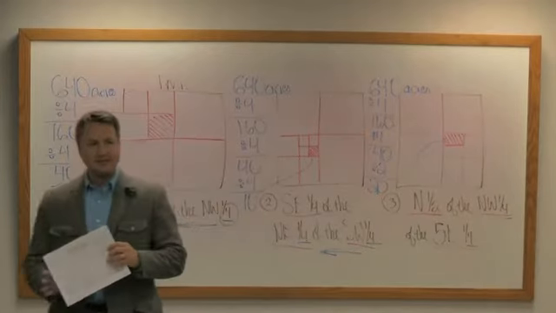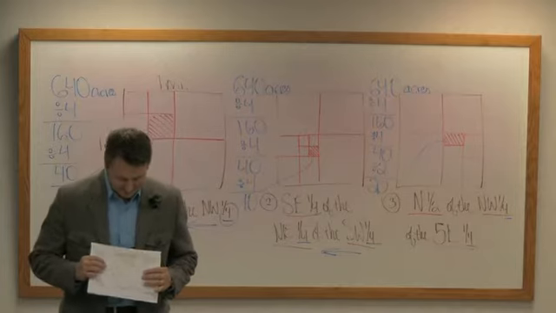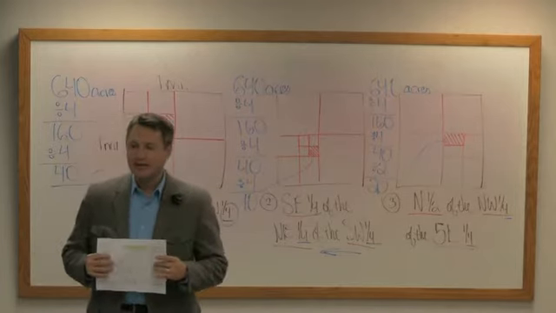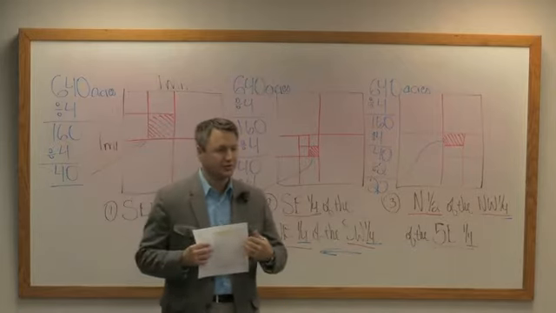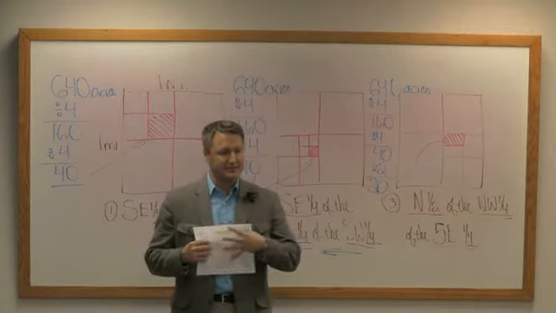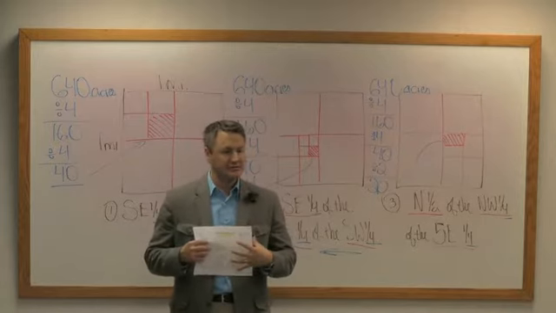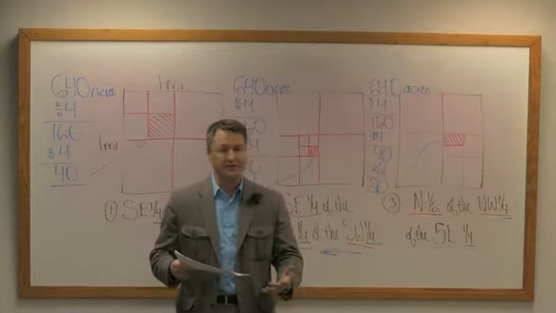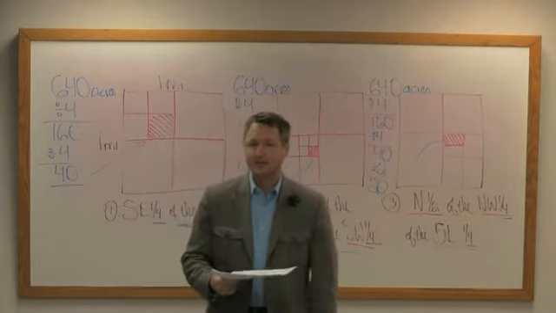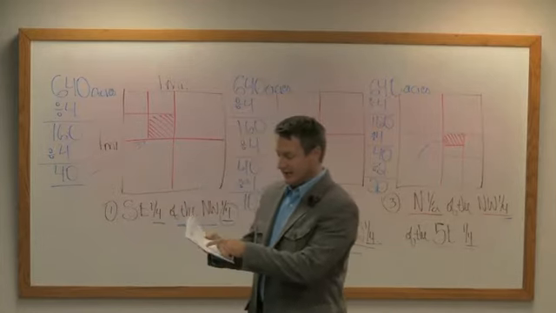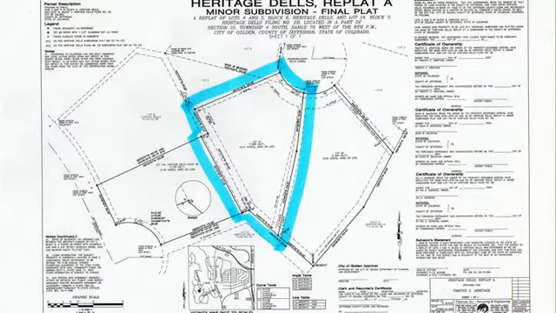So this is the Heritage Dells subdivision. This is just something I got off the web. They had to do a replat on this, so there were some boundaries they had to change. And so it just affected this particular area. What I want to point out to you that you'll notice on a survey, if you do get a chance to look at those surveys that your buyers have, I highlighted this area, and it's pretty small print.